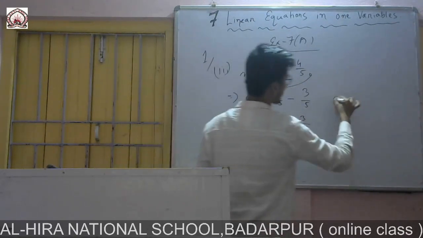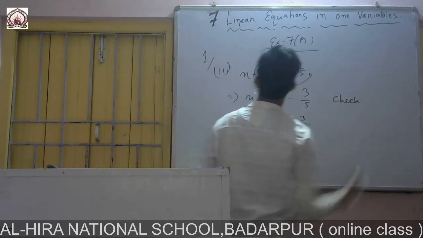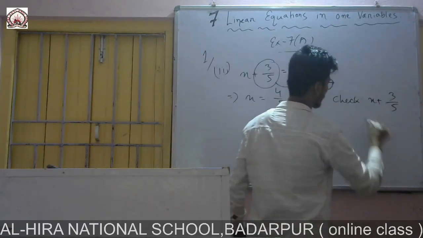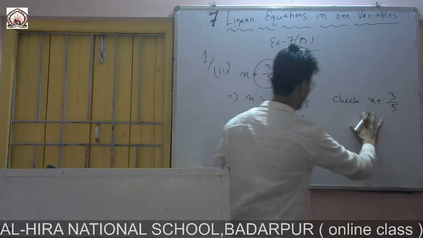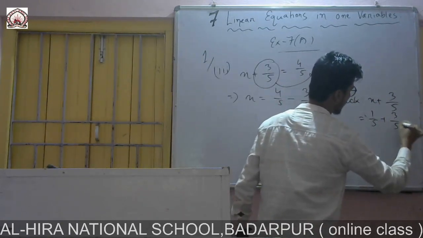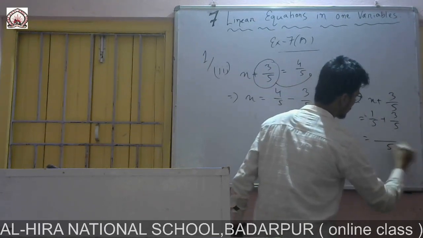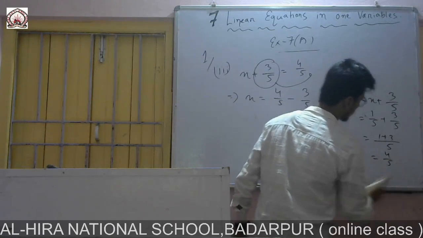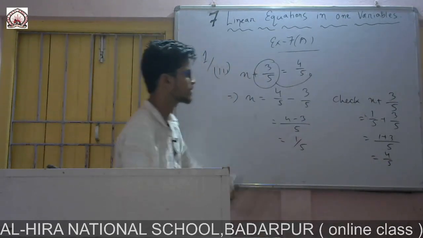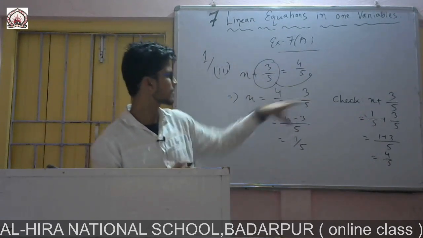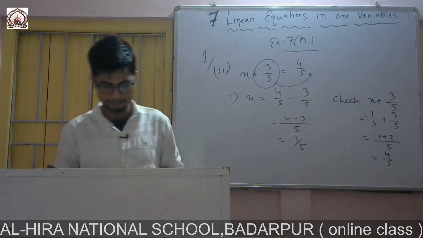Now I have to check. x plus 3 by 5. In place of x, I will write 1 by 5. 1 by 5 plus 3 by 5. Again the LCM will be 5. 1 plus 3 is 4 by 5, which is equal to the right side. That means it is correct. The solution for the value of x is 1 by 5.